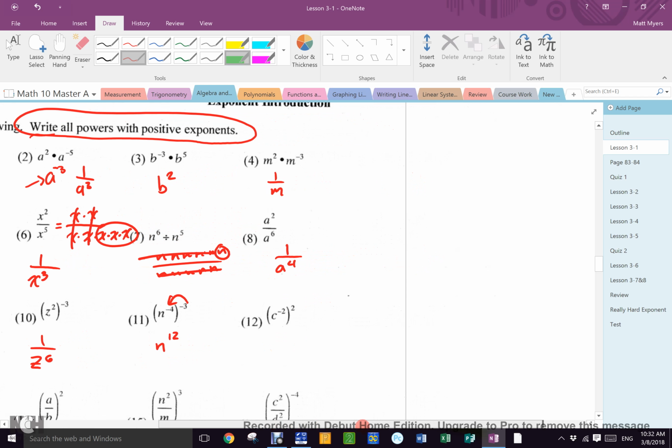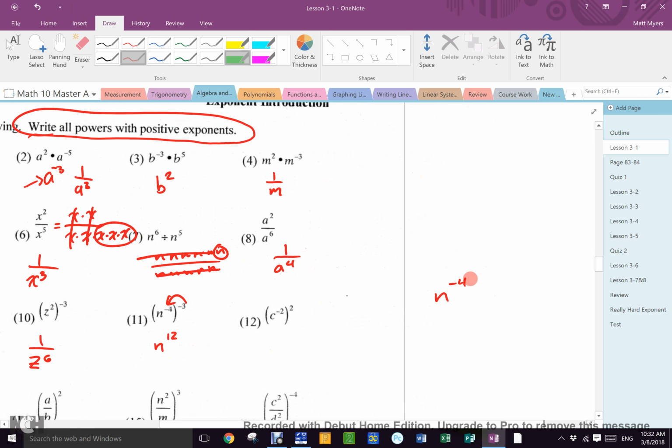What is really happening? N to the negative 4 to the negative 3rd is really 1 over n to the positive 4 to the negative 3, correct? And then that negative would make the base flip again, which makes it n to the 4th over to the 3rd, and then you multiply and you still get a positive. This is what is really happening. This is the very least that you need to memorize. Everybody good?